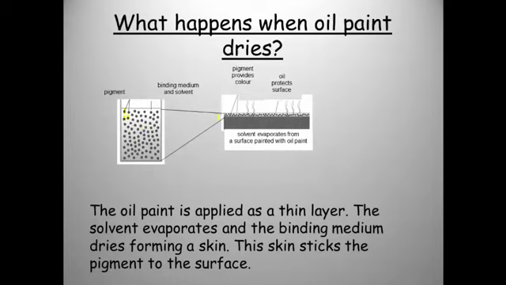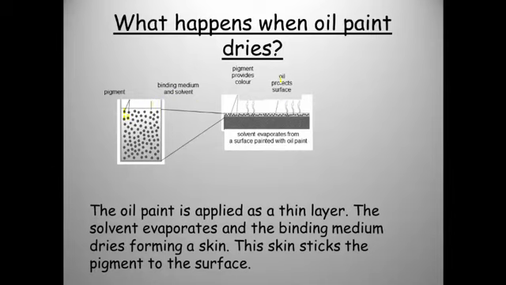Now, when you apply this to the surface, the binding medium and the pigment are going to stick to the surface, and the solvent is going to evaporate, because remember, the solvent is just there to make it runny. Once the solvent evaporates, it leaves behind the binding medium, which is the oil, and the pigments inside, which obviously gives it its colour. And you can see that these dots are the pigments, the liquids are the binding medium and the solvent.